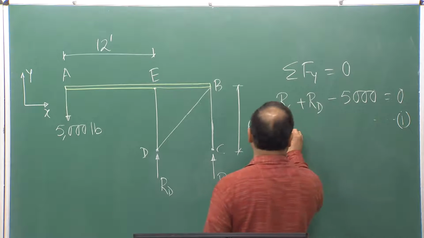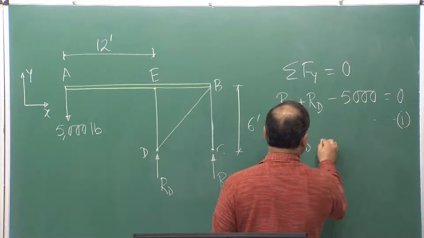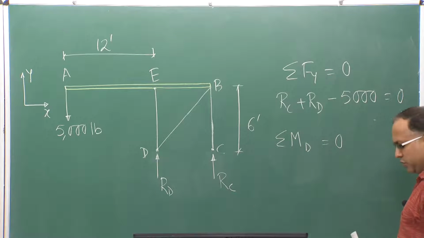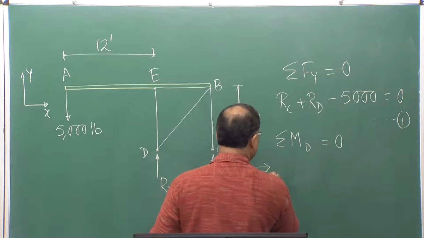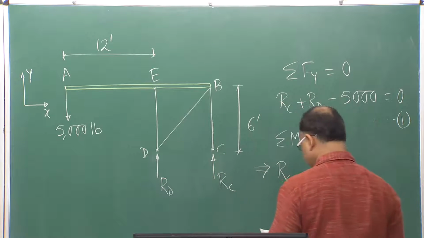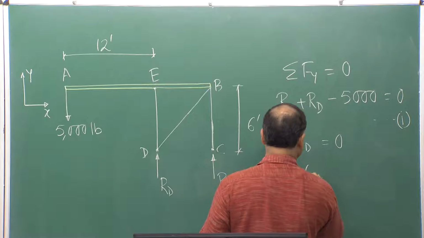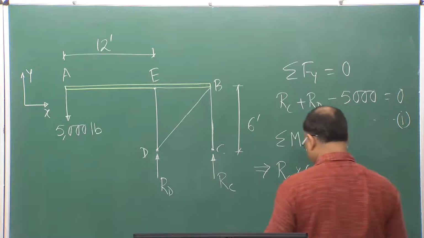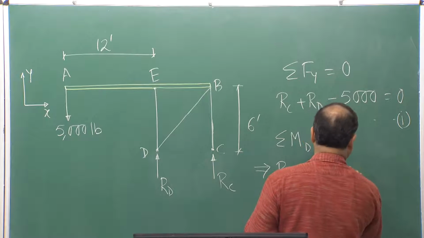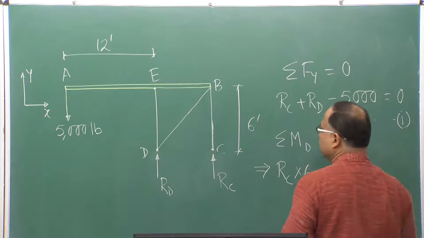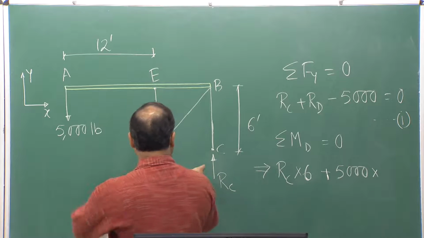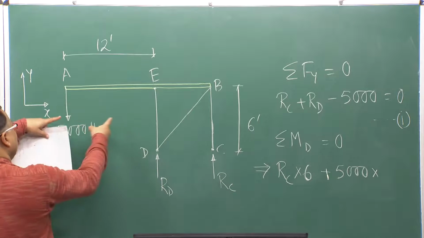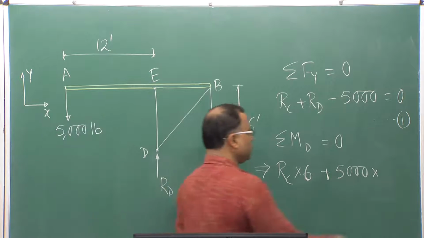Similarly, I can take moment equilibrium with respect to point D, summation of all moments with respect to point D equal to 0. That gives me RC into 6, because this distance is 6 feet, plus 5000 into 12 feet. RC will be giving me the anticlockwise moment, and 5000 pound also will give me the anticlockwise moment.